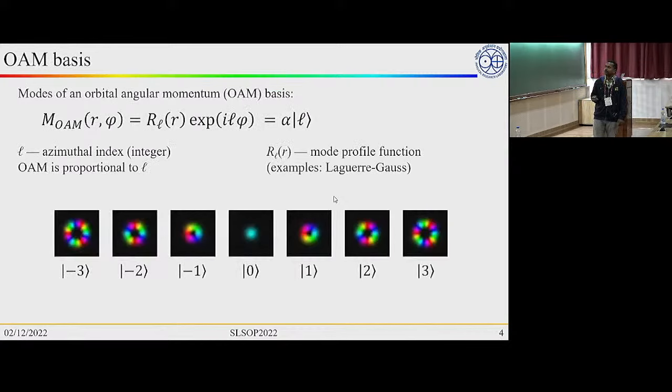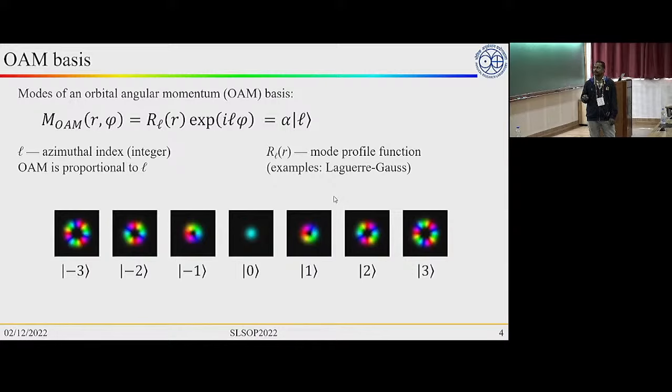Moving forward, this is the electric field of a spatial mode. I dumped all the amplitude part here, and the part I am interested in is this term, e^{ilφ}, which I can simply write as α_L. L corresponds to the azimuthal index.